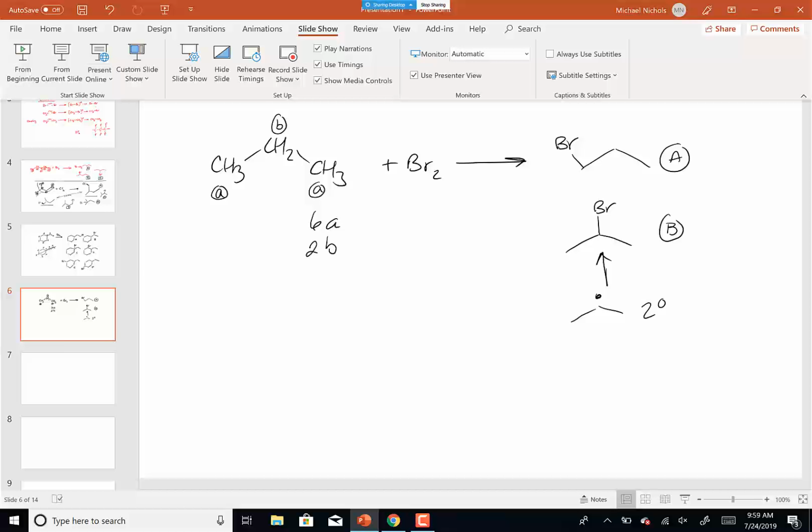So you can make the case that A is going to be basically what we would call a statistical product. So if the stability of the radical doesn't play a role, based purely on statistics, A should be the major product.